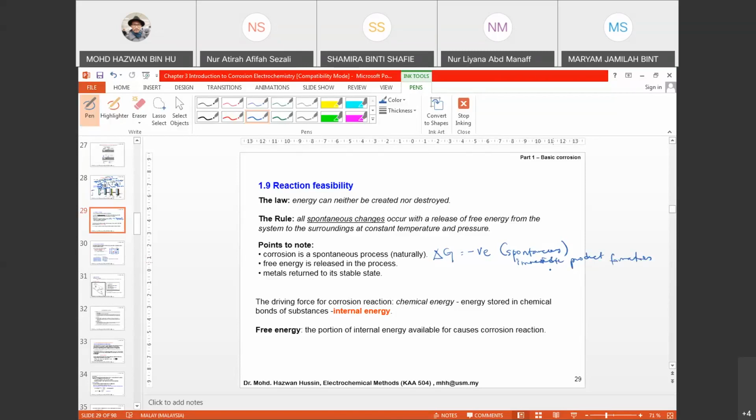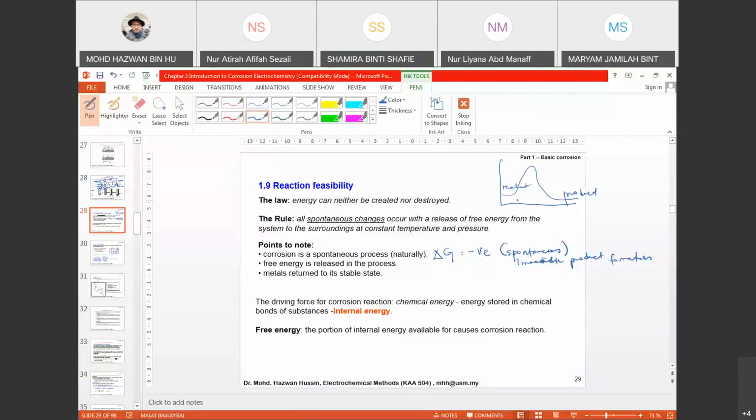Okay, and each process actually releases free energy. This is the free energy, delta G. If you look at the energy diagram from reactant to product, this is the one that we look into. This is the reactant, this is the product. The energy needed to form a product, or to overcome the barrier, is known as activation energy.